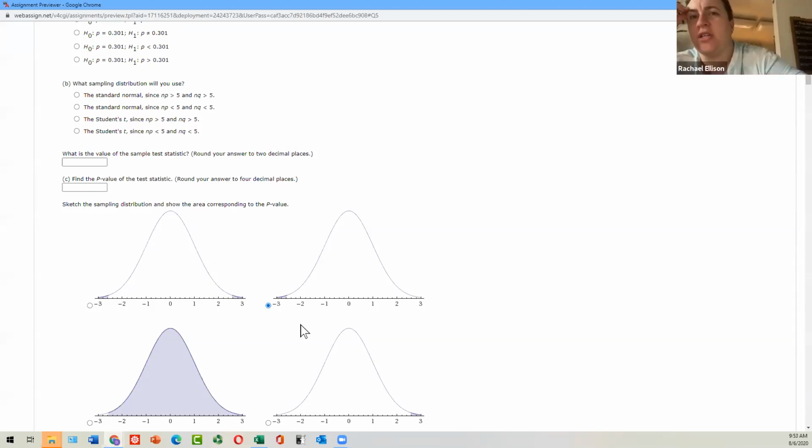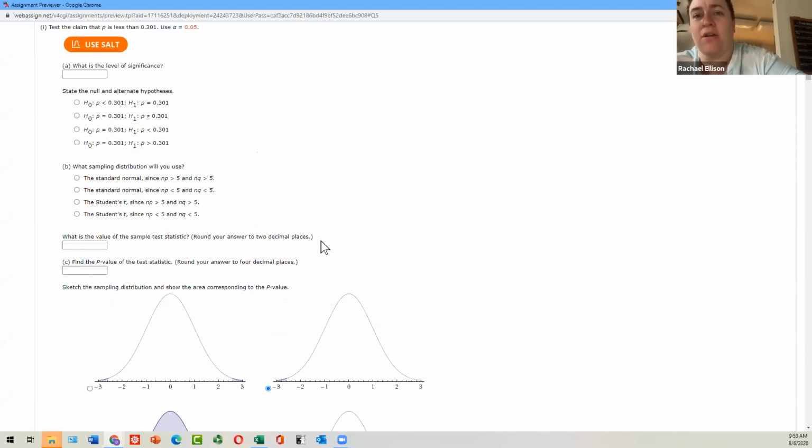I also have a question for that same question, part B. The second part, where we know which one to pick if it's standard or if sigma is known, but what's the NP greater than 5 and NQ? Right, that is the condition that allows you to even start the process.